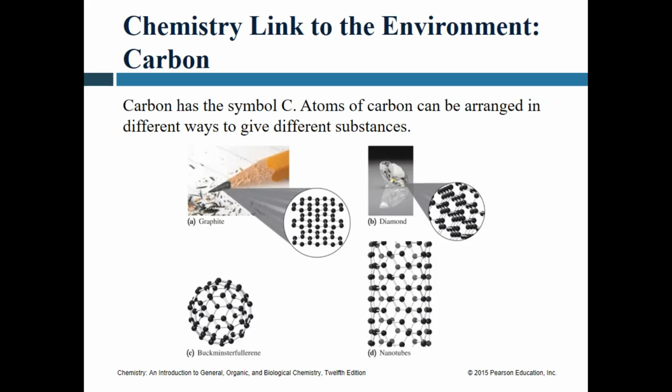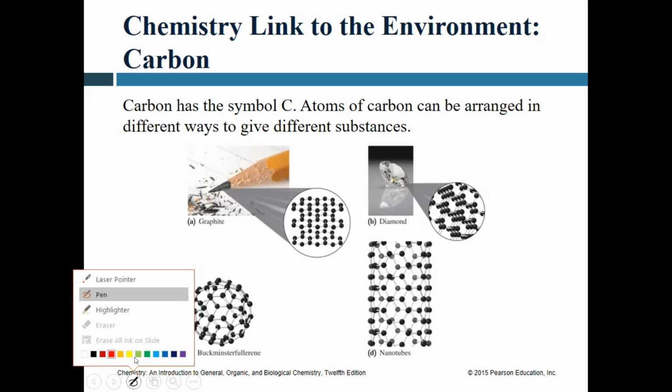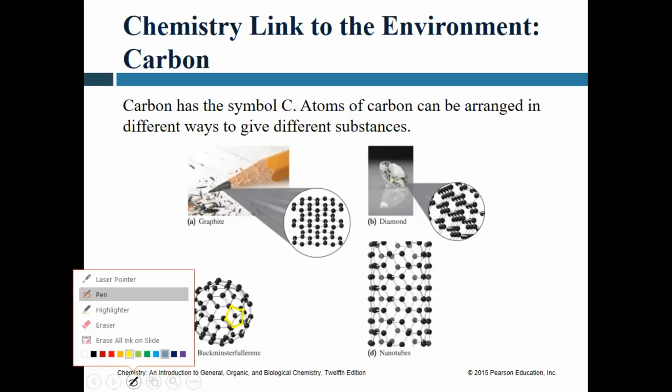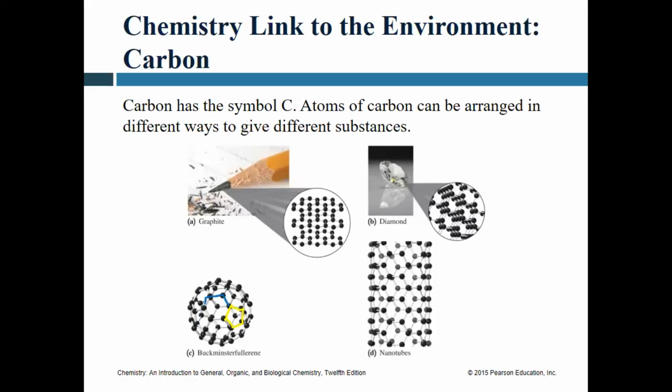And then you've got some other ones that are just kind of interesting. Buckminster fullerene, on the bottom left there. That is basically a spherical carbon. If you look closely, it's kind of hard to see, but if you look closely at the structure of it, what you'll see is that you basically have a 5-membered carbon ring surrounded by a series of 6-membered carbon rings.